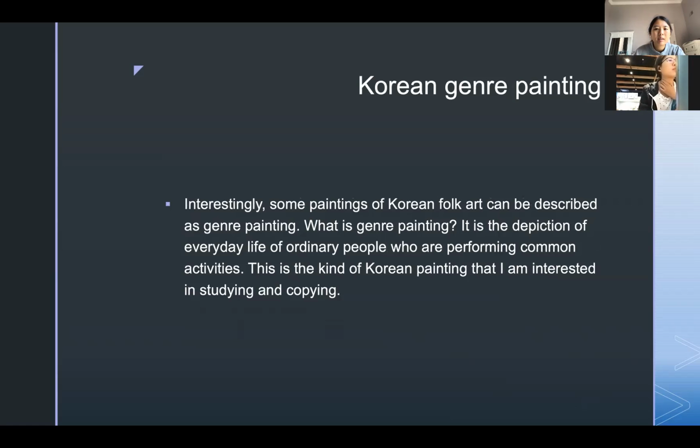Interestingly, some paintings of Korean folk art can be described as genre painting. What is genre painting? It is the depiction of everyday life of ordinary people who are performing common activities. This is the kind of Korean painting that I am interested in studying and copying.